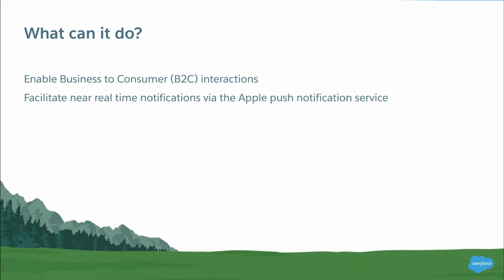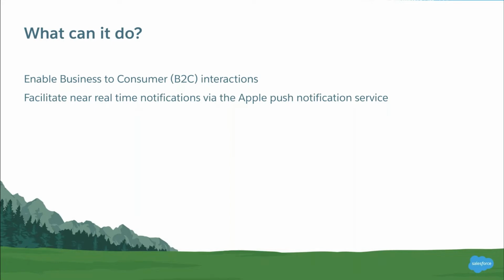Now, it can do more than that too. It's going to really facilitate business-to-consumer applications. So if you've ever built something with the Salesforce community for the web interface, you can turn around and use community users, community licenses, and community features inside your B2C app written in Swift with the iOS SDK.